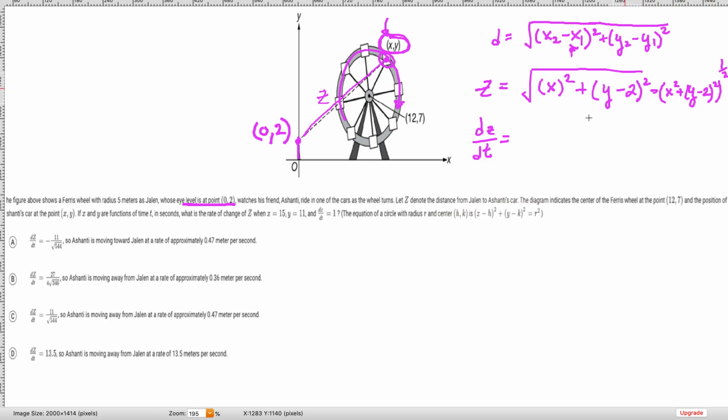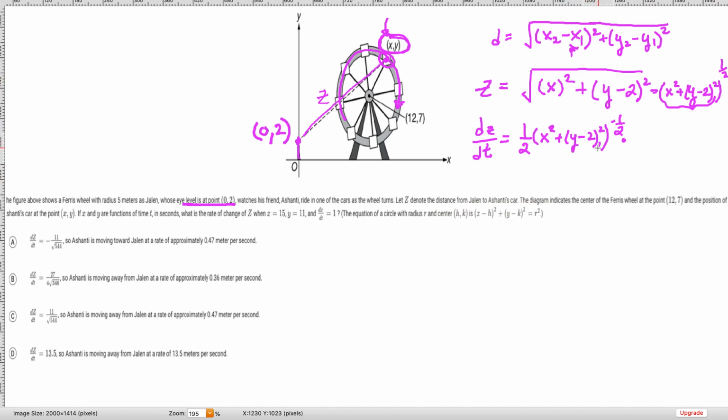So I bring down the 1/2 and get x squared plus y minus 2 squared to the negative 1/2, times the derivative of the inside. I'm doing chain rule: this whole thing is the inner function, and the outer function is to the 1/2. So I brought down the 1/2 and subtracted 1 from the exponent.